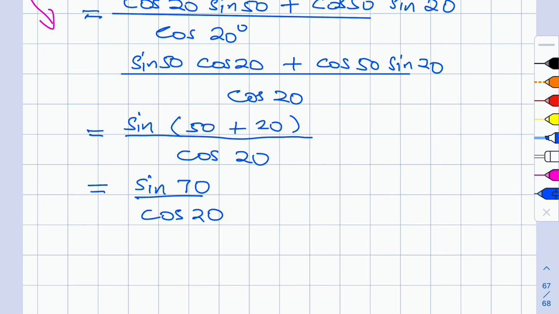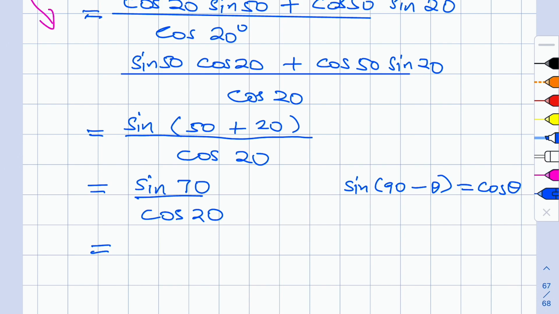And then from there, we know that 20 and 70 are complementary angles. So I can change one of them using the fact that sine of 90 minus theta is equal to cos theta. So 20 is basically 90 minus 70.